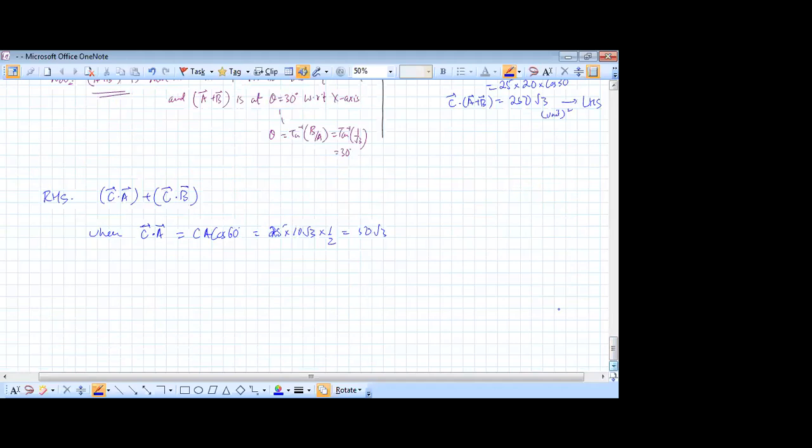Whereas if you look at C dot B, that is CB cos of the angle, because B was like this and C was like this. And this angle was 60, which means that this angle is 30 degrees.